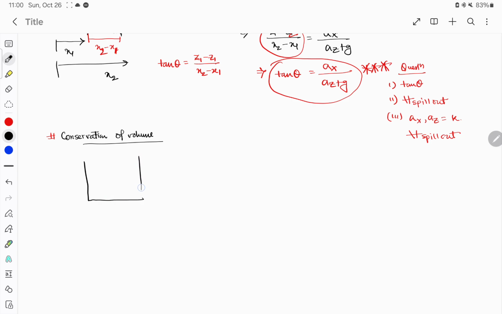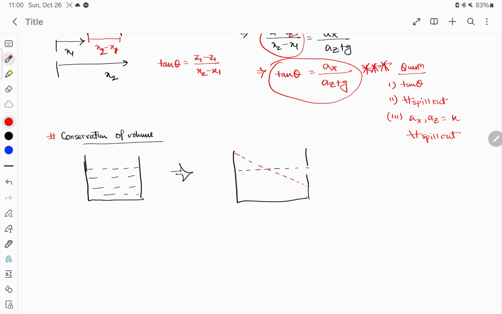If this was the initial position of the container, in the static state, and after the accelerated state, the water surface level became like this.